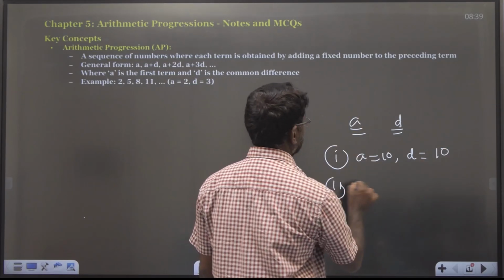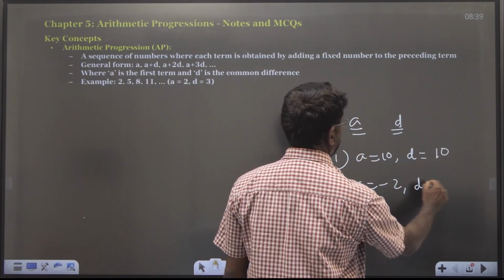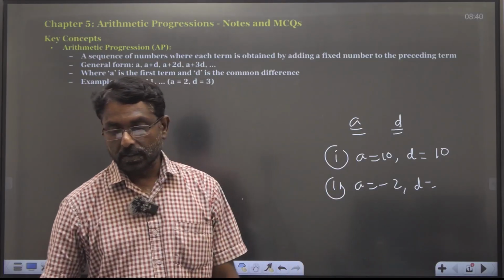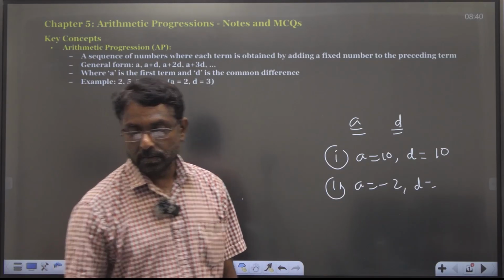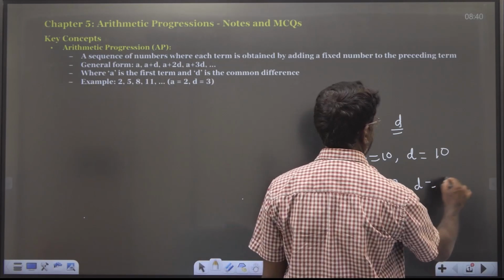Second question, A is equal to minus 2, D is equal to minus 3.